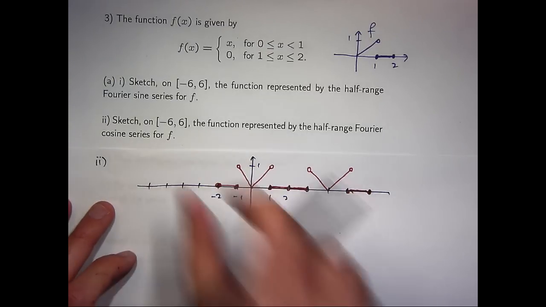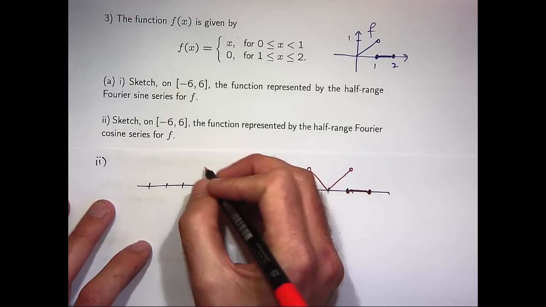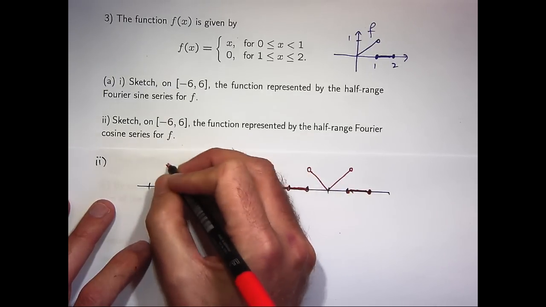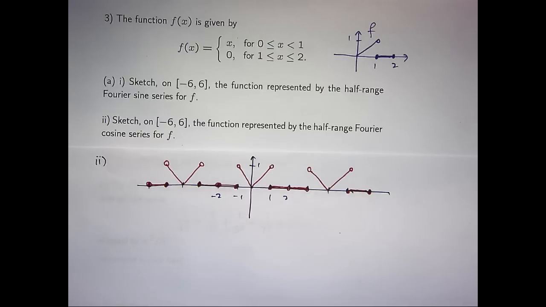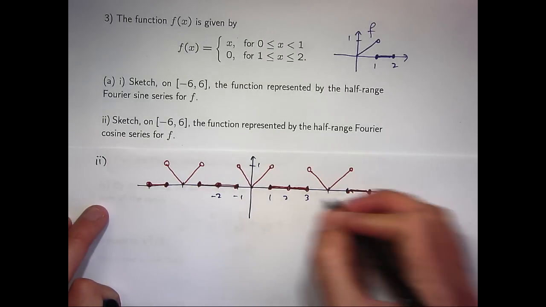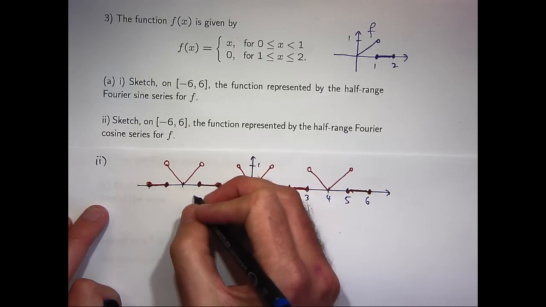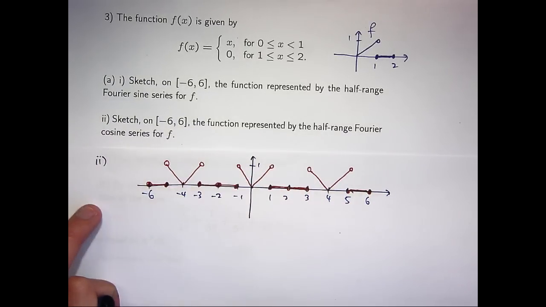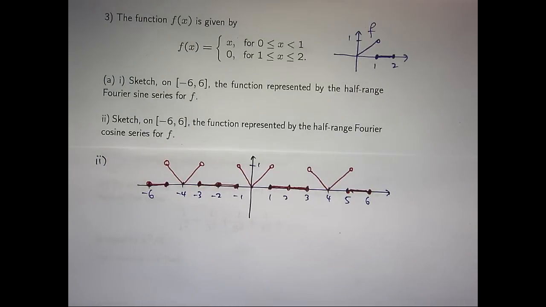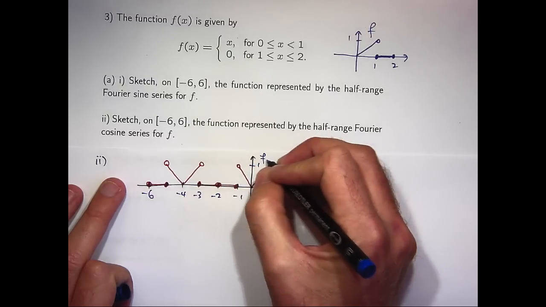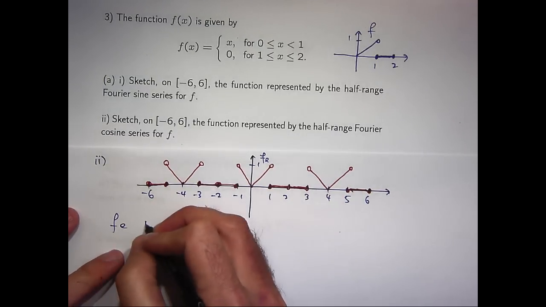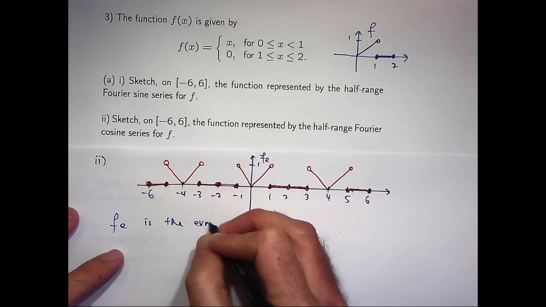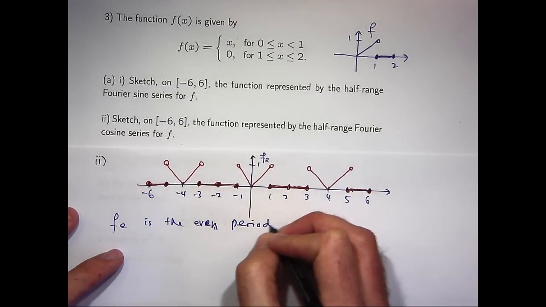Copy it, move it 4 units and paste it. Okay, so now this is f sub e. It's the even periodic extension.